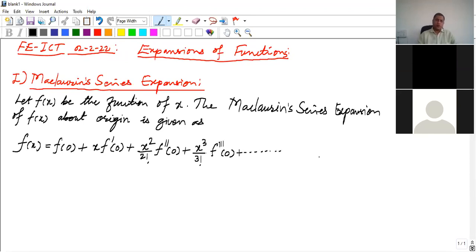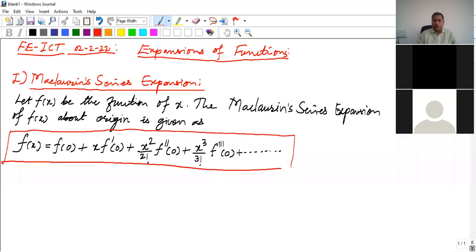This is the formula we have for finding the Maclaurin series expansion of a function.